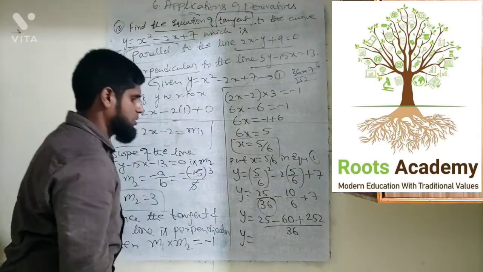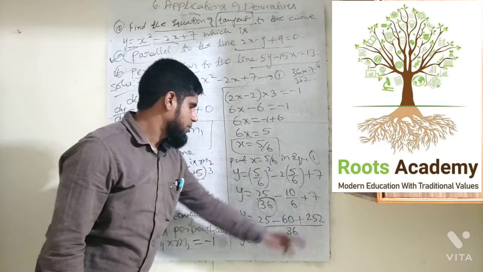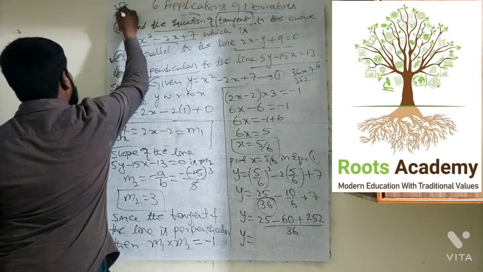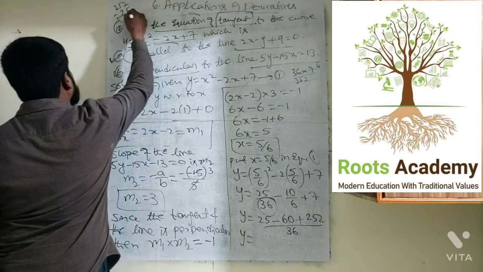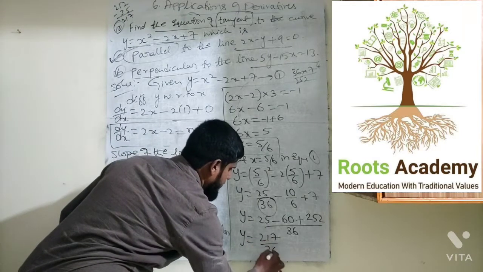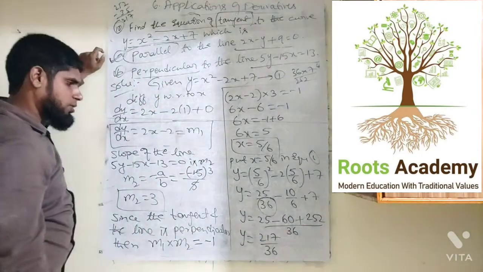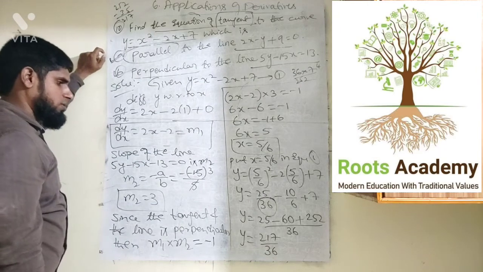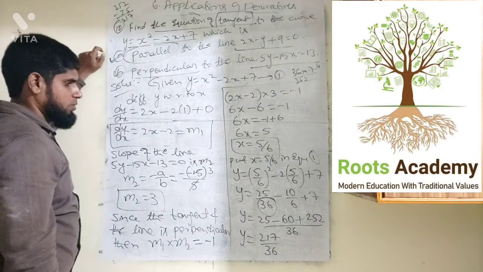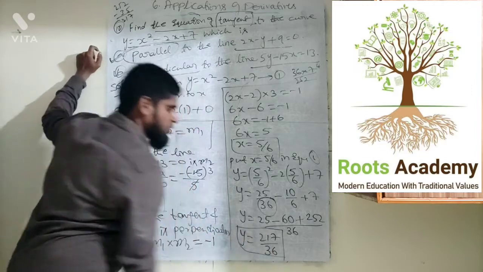So the value is 217 divided by 36. 217 by 36 is our y value.